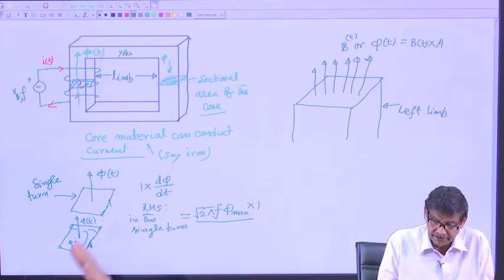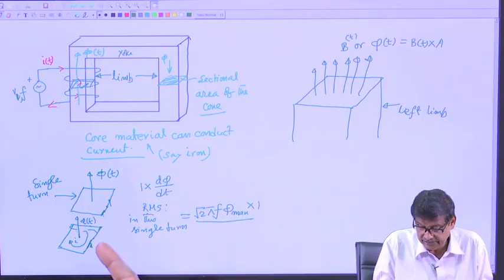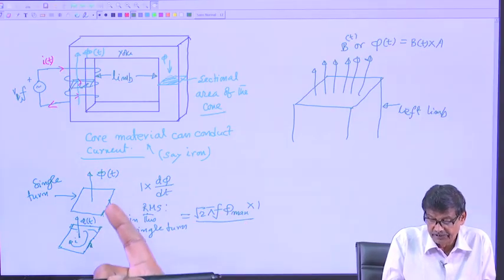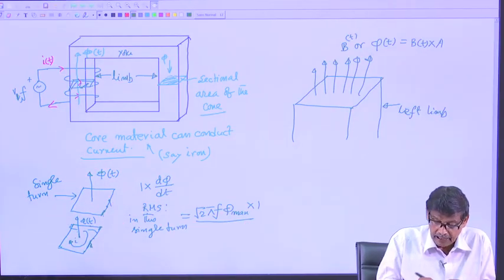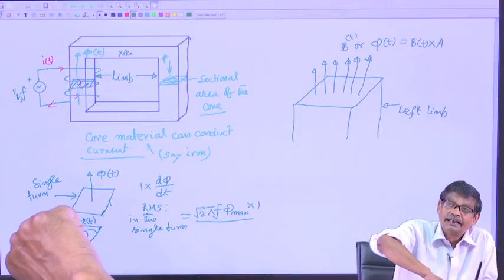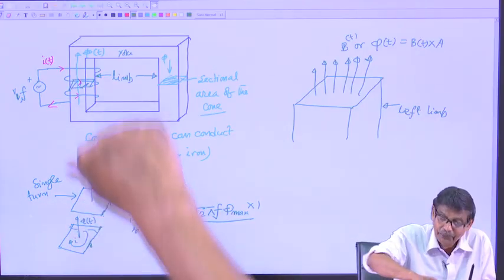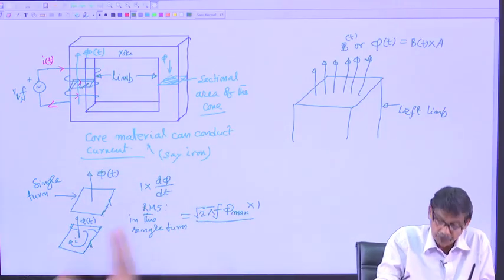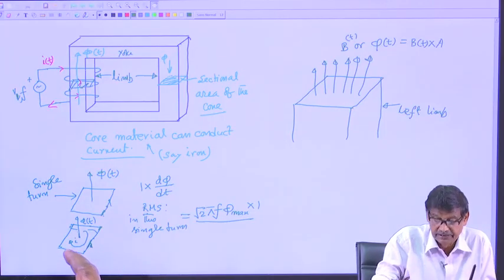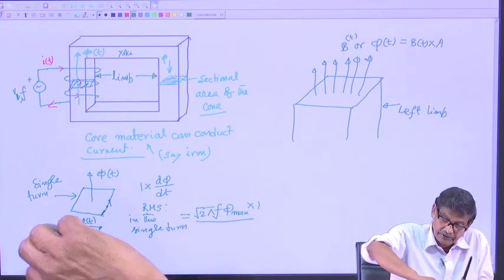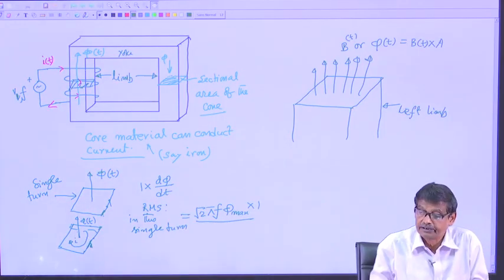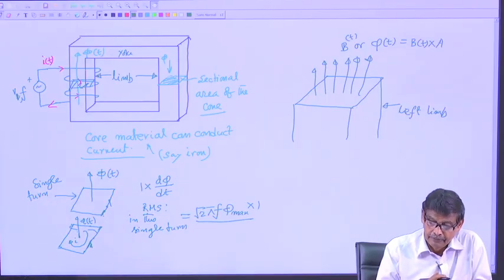Who will drive this current? This induced voltage, and the circuit is already closed. This current has to be like this, so that it can oppose the increase in phi 2 for which the induced voltage is there, that was the cause. So, that will be the direction of the current, it will try to oppose the cause.